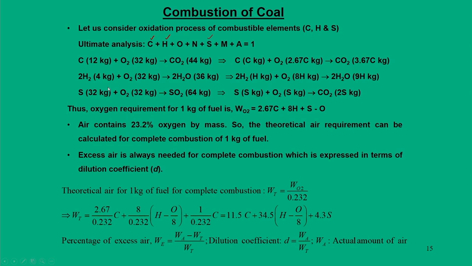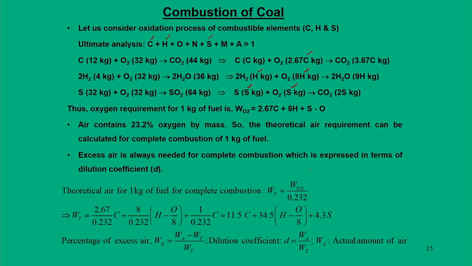Now, our main role in this analysis is to find out what is our oxygen requirement. So, for example, for C kg of carbon, the oxygen requirement will be proportionately 32 by 12, which is 2.67, and for H kg of hydrogen, oxygen requirement will be 8 H. For S kg of sulfur, oxygen requirement will be S kg.